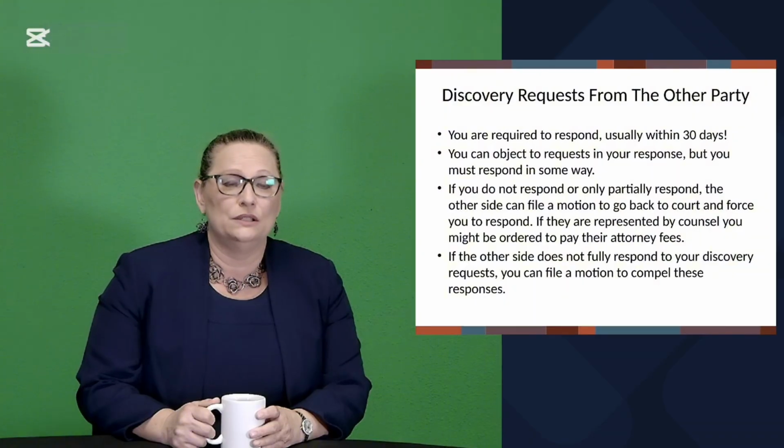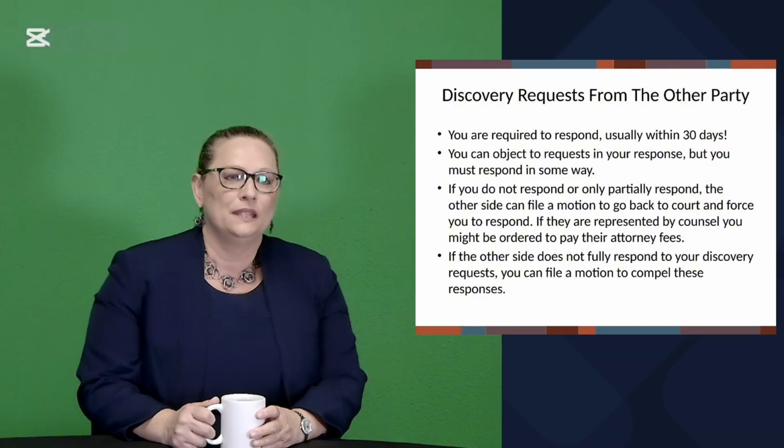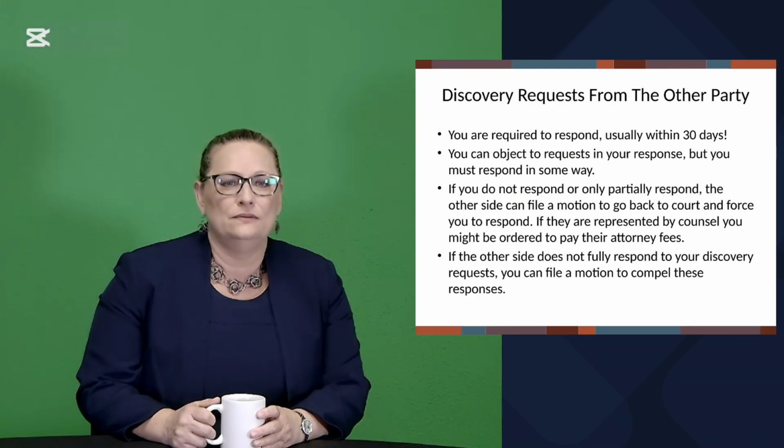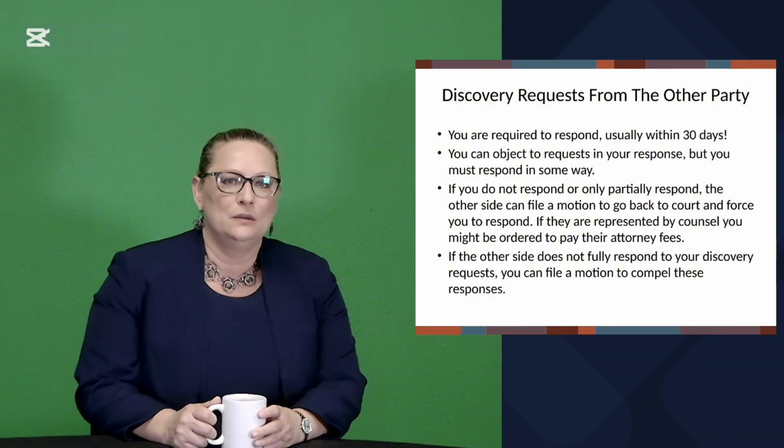They can award attorney's fees. They can limit the scope of what your requests are if it turns out that the other side has a valid objection to the scope of what you're asking for. And so that gets heard by the discovery commissioner, and then eventually you end up with hopefully fully responded to requests on both sides that comply with what's relevant to the case.